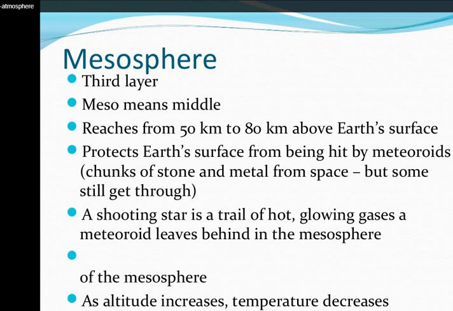A shooting star is a trail of hot, glowing gases that a meteorite leaves behind in the mesosphere. About the temperature, also note the relationship between temperature and altitude. As altitude increases, temperature decreases. So this layer is like the troposphere, the first layer. So the first layer is like the third one.